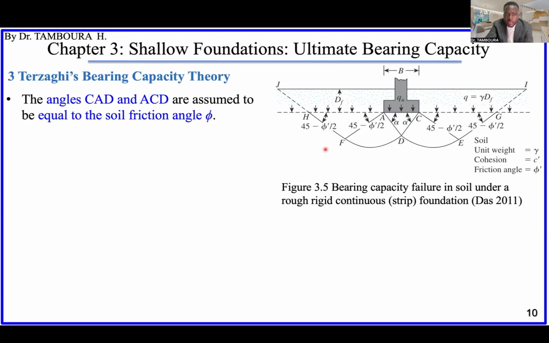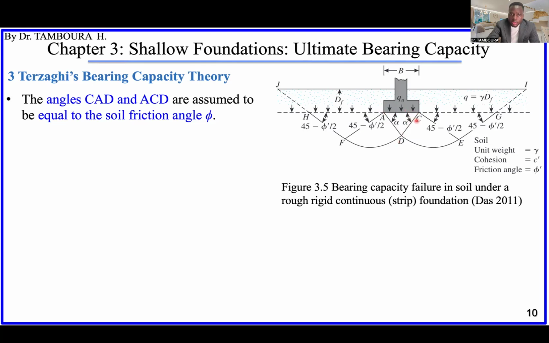For CAD, this first part, you can see it like a punch. For ACD, you can see this angle and this angle, these two angles, alpha, CAD and ACD.